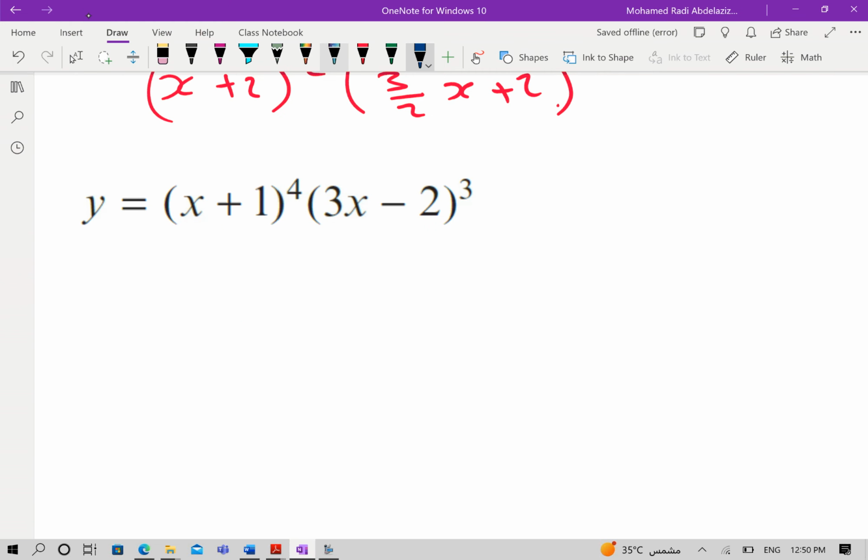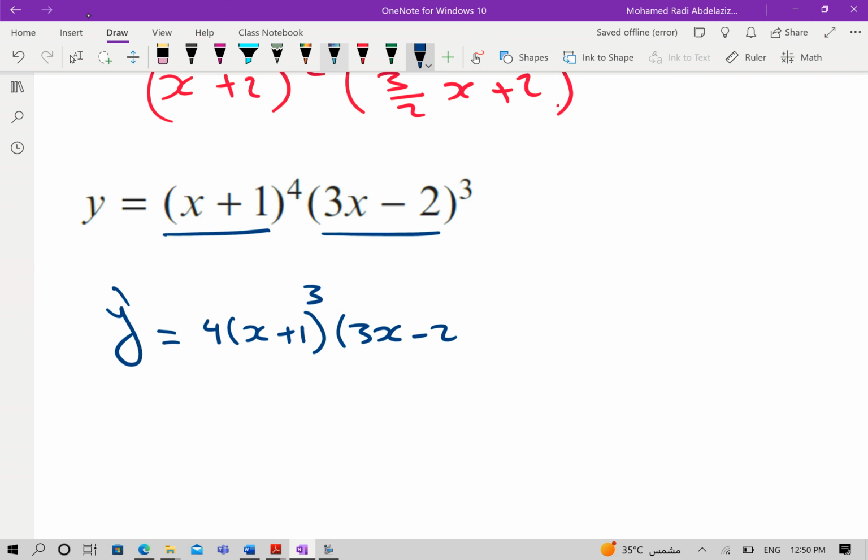Find the product, apply the product rule to get the derivative of this function. Y dash is the derivative of first, (x plus 1) all to the power of 4, multiplied by derivative, which will be 1. Multiply the second, (3x minus 2) all to the power of 3, plus.